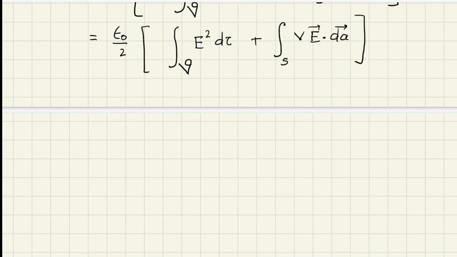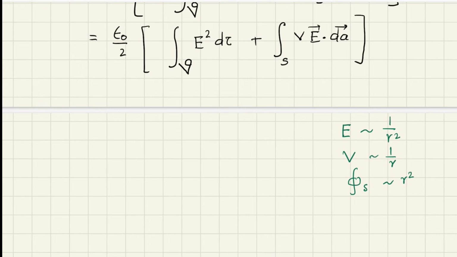Now you can imagine that, roughly speaking, E goes as 1 by R square, V goes as 1 by R, and a surface integral like that would go as R square.